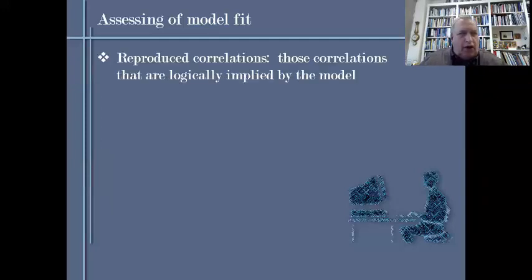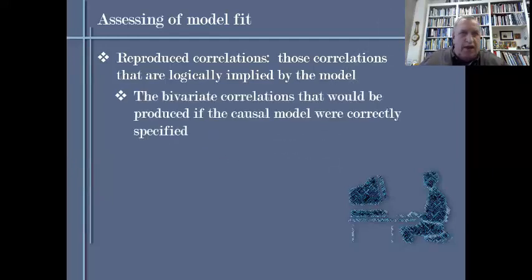There are two correlations then that we work with in the assessment of the model fit. The reproduced correlations are those correlations that are logically implied by the model, the bivariate correlations that would be produced if the causal model were correctly specified. So these are the theorized correlations, the reproduced correlations.